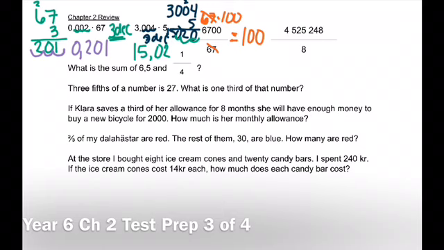So we have 8 can't go into 4, but it can go into 45 5 times with 5 left over. Then 8 goes into 52 6 times, and as a reminder, 8 times 6 is 48.